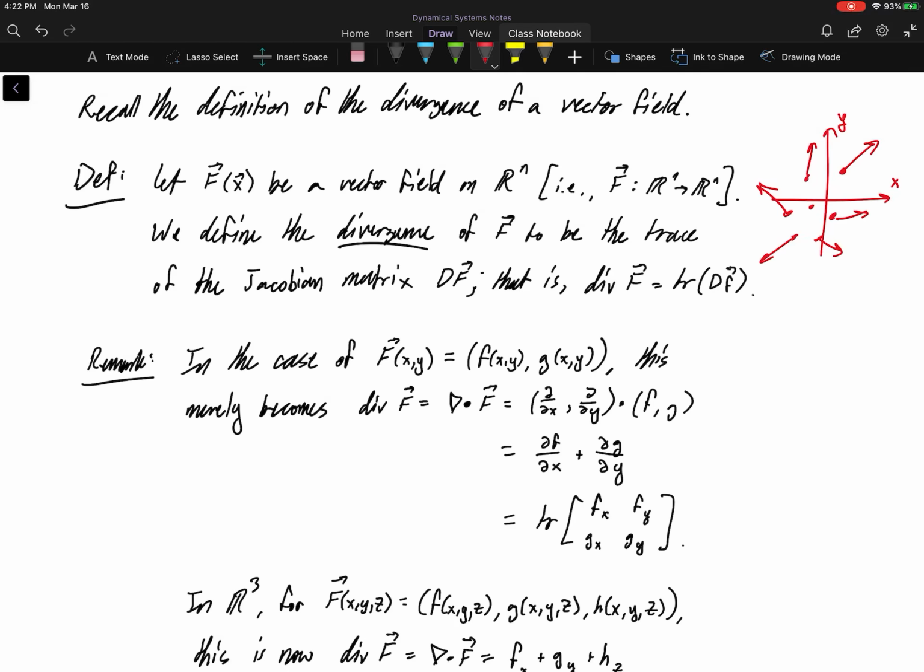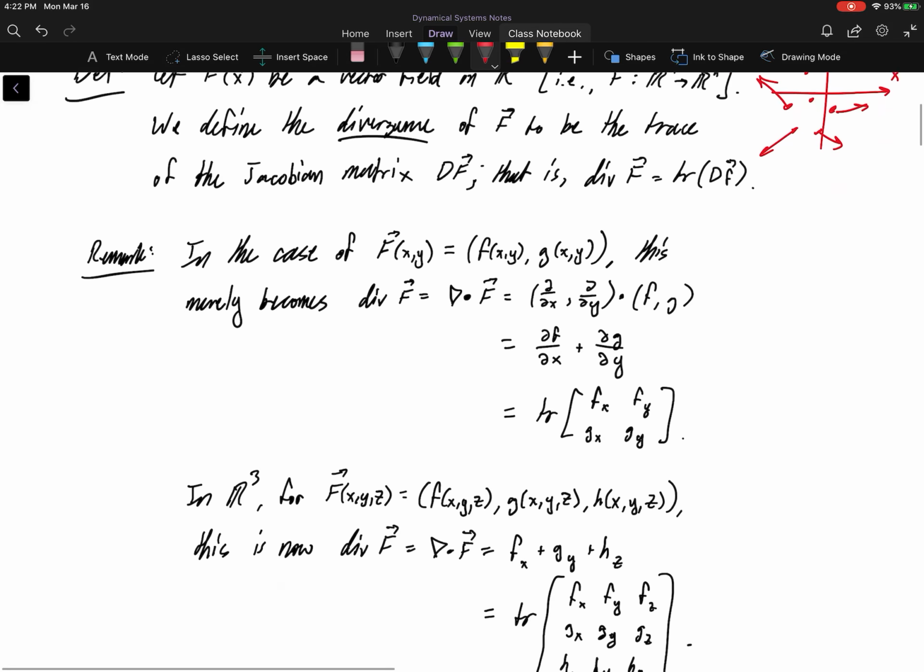So everything we've been doing so far with phase planes has been kind of a representation of a vector field in R2. And what we're doing here is we're assigning a function to that vector field. We are saying for this vector field, we are going to compute the trace of its Jacobian matrix. Okay, so the divergence of a vector field is the trace of df.